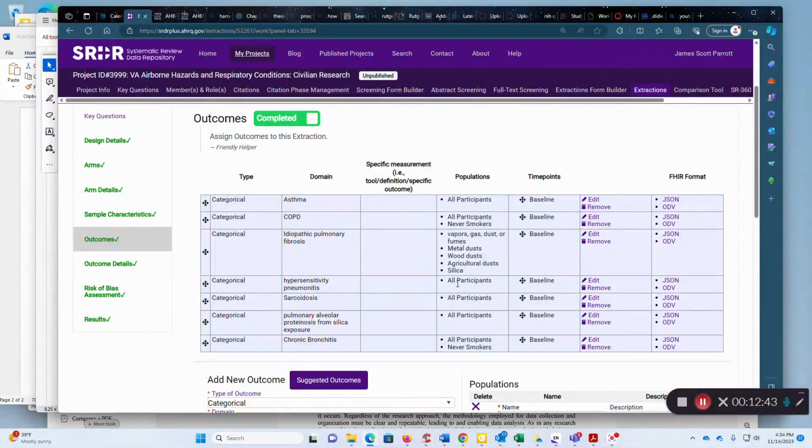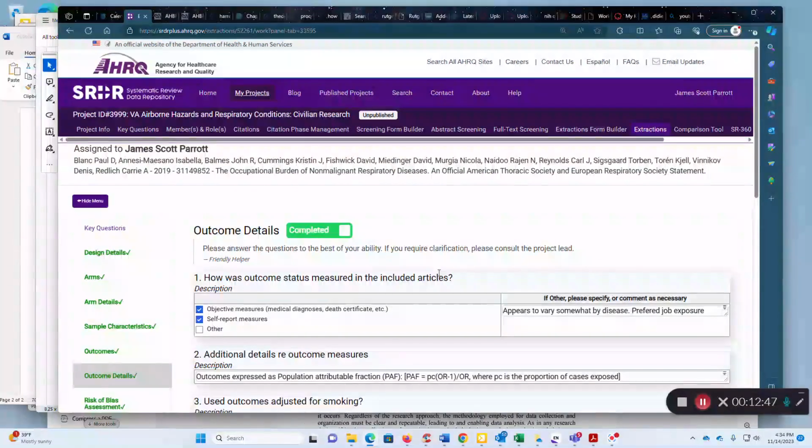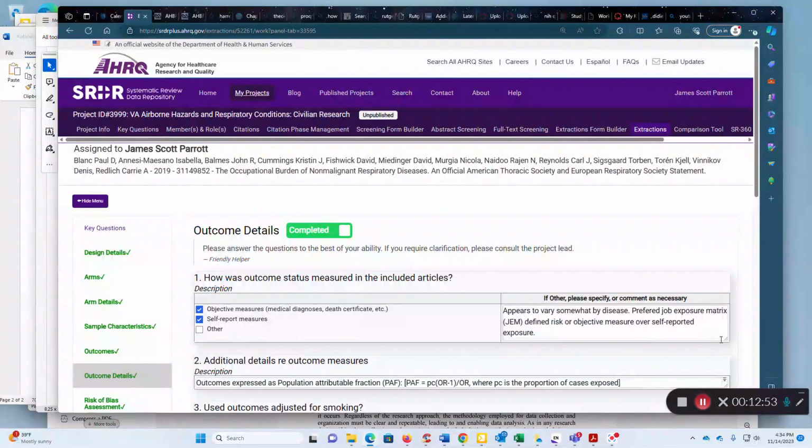Now, when we get to outcome details, what we're really interested in here is how did they measure their outcome? Well, in this case, because they were dealing with different diseases, it varied by disease.